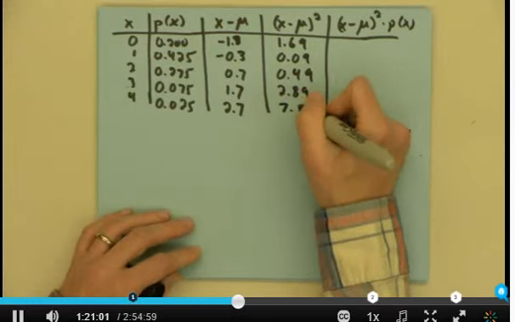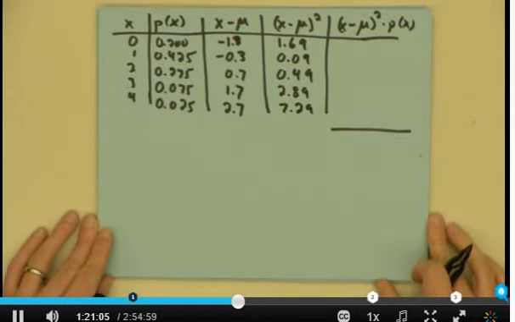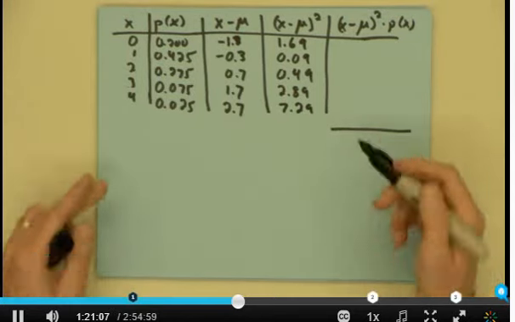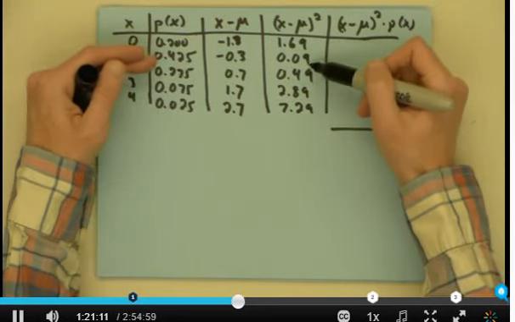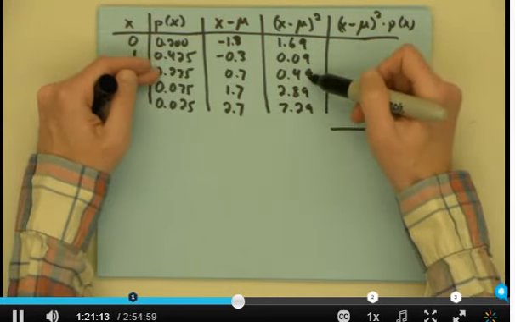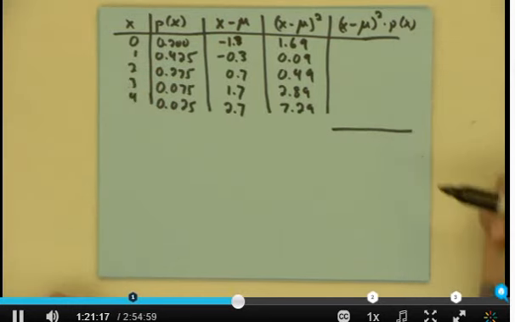I should have been able to do that anyway. Alright. So now all I need to do is to take this times this here, this times this here, this times this here, this times this here, this times this here, and add them up. So I'll simply write those down.